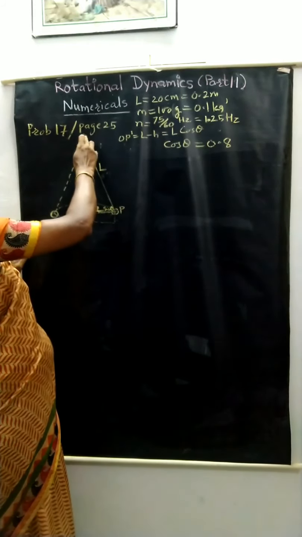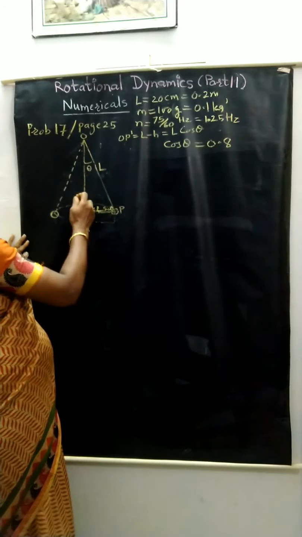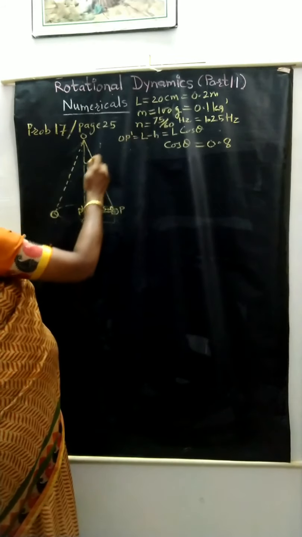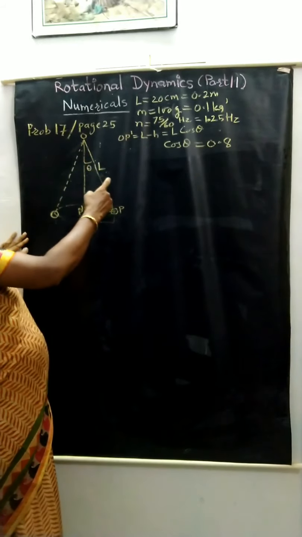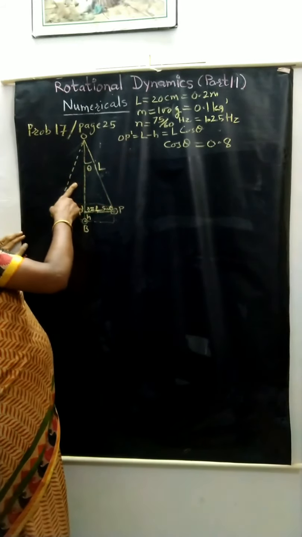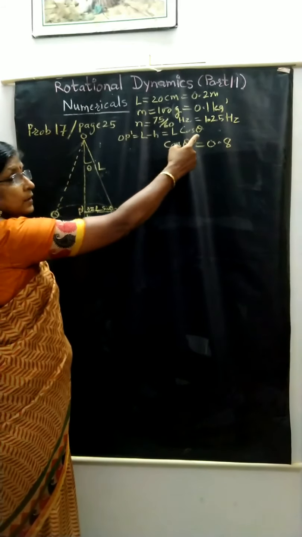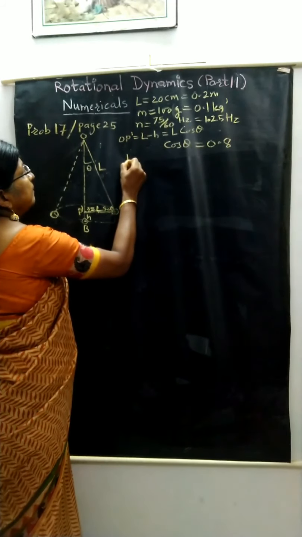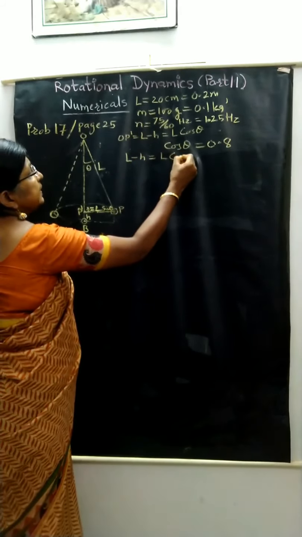So OP dash is L minus h. But as this angle is theta and the hypotenuse is L, this is the adjacent side of theta. So it will be L cos theta. So we have the equation L minus h is equal to L cos theta.